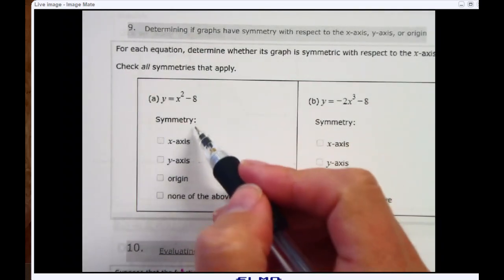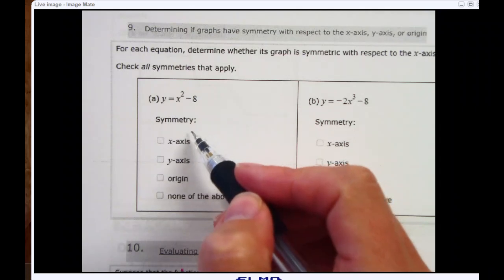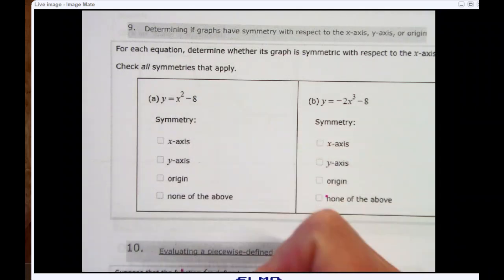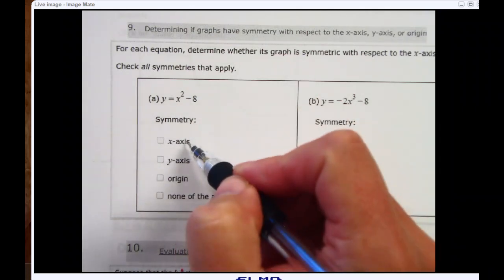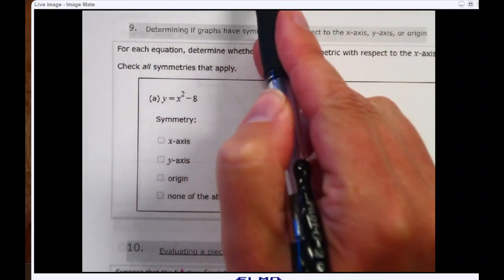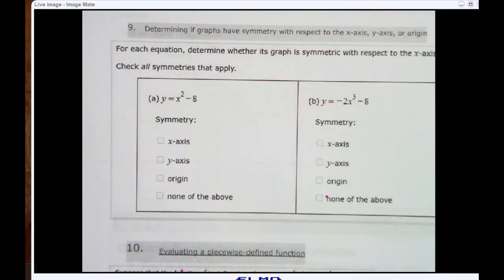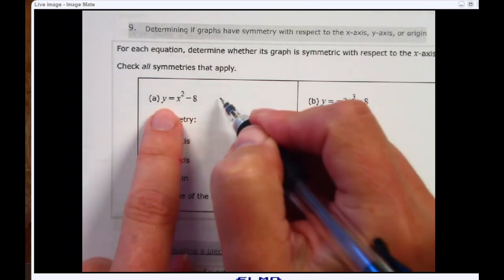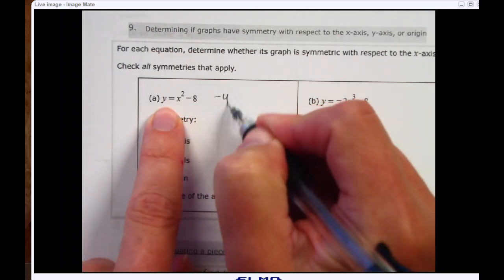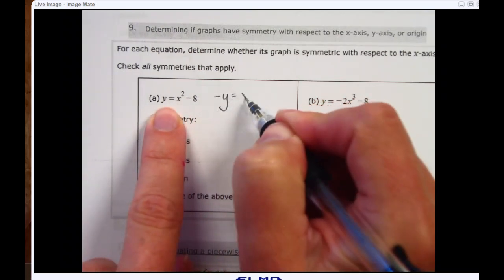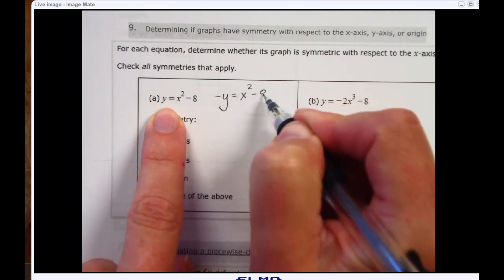Okay, so we're going to do algebraic tests of symmetry, and we need to decide which. If I want to see if it's symmetric on the x-axis, come back up here, what do I do? Substitute in negative y for y. All right, so I'm going to go negative y equals x squared minus 8.